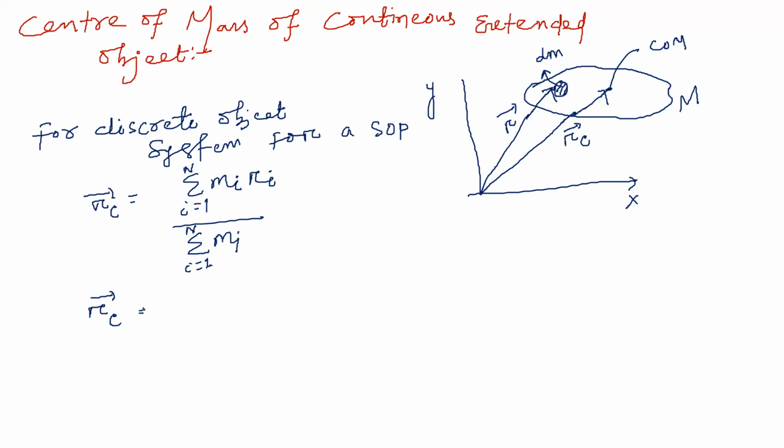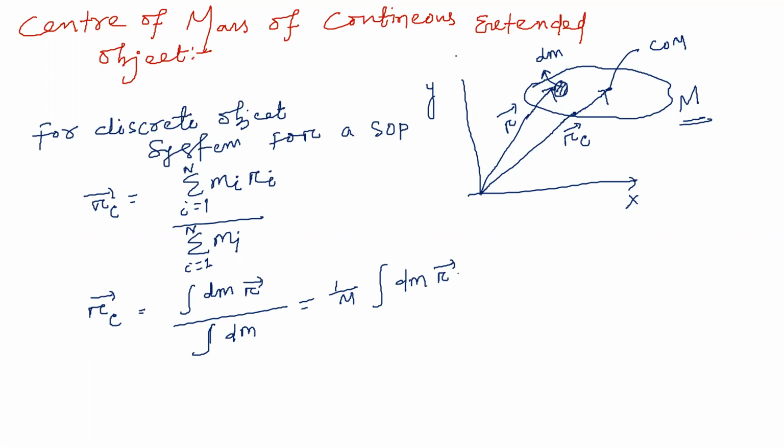So we can write, in place of summation, integration of dm r vector, all divided by integration of dm. Students, if we add up all the masses, integrate, we will get the whole mass. The whole mass is m. So you can get 1 by m integration dm r.